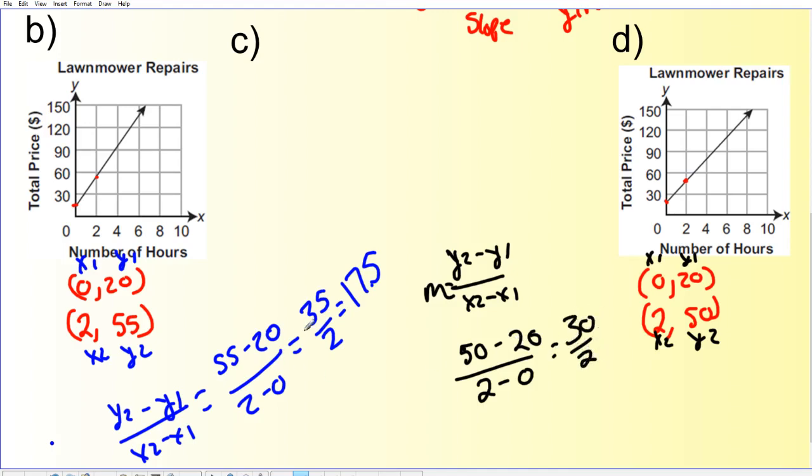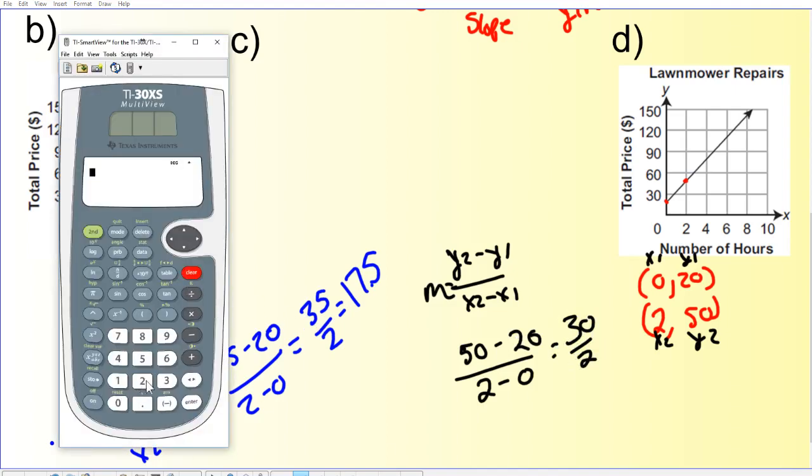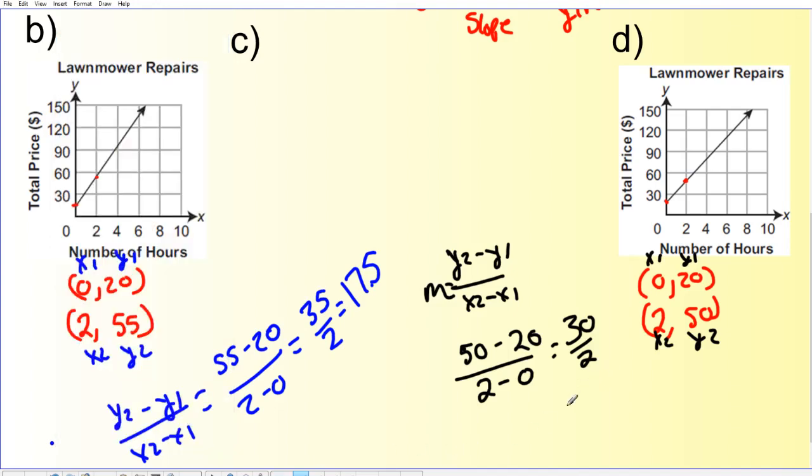That makes sense. It's a little bit smaller. And 30 divided by 2 is 15. So my estimation gave me exactly 15 for this one. The other one was a little bit too high. So out of these two graphs, this is the one that had the right y-intercept and the right slope.